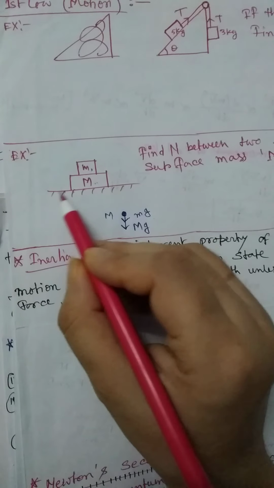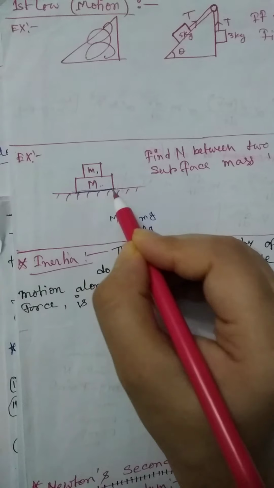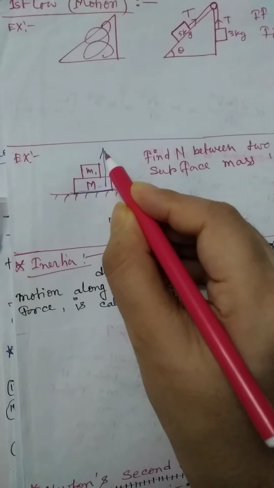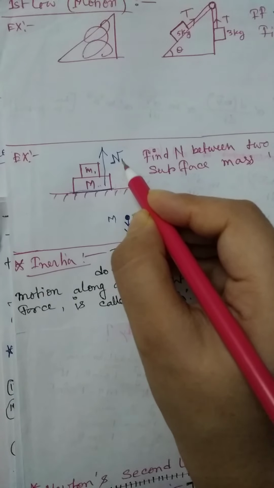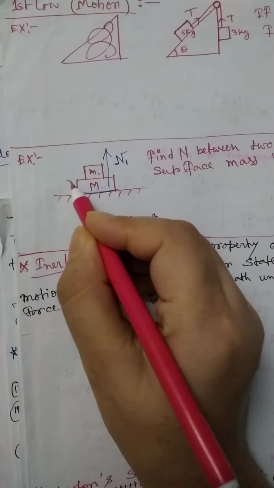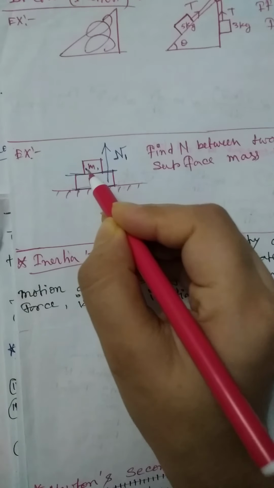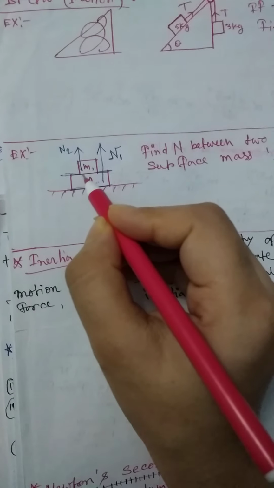And this floor is the contact surface, right? So this floor gives normal reaction on this body, which I am assuming is N1. And this is also a contact surface, so this is our normal reaction N2.